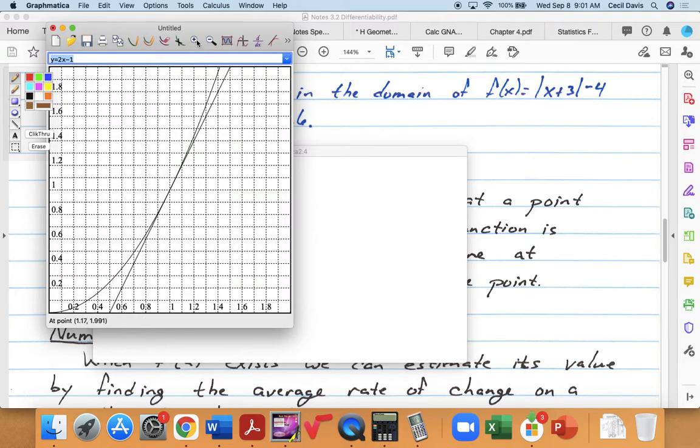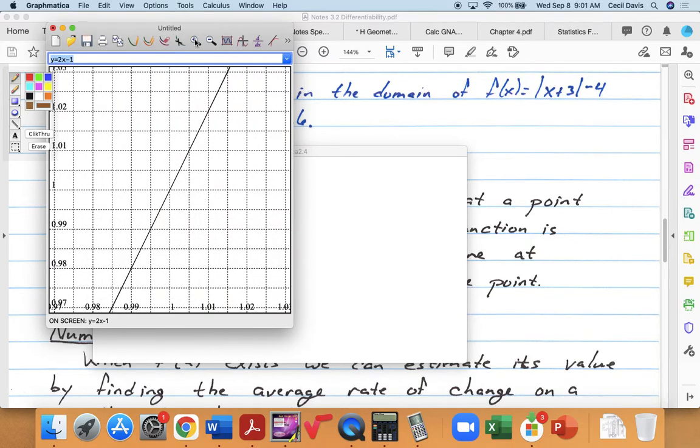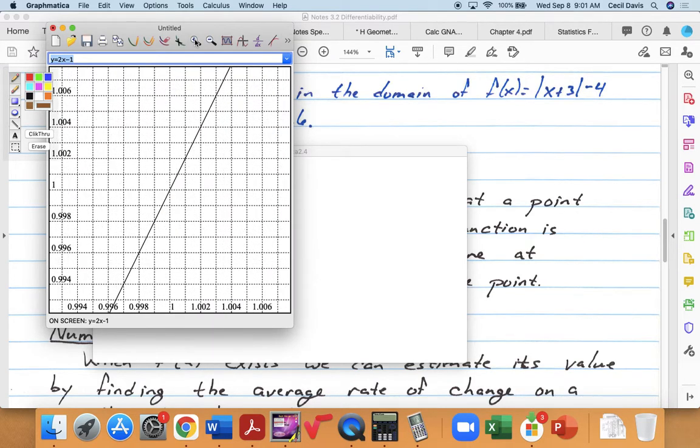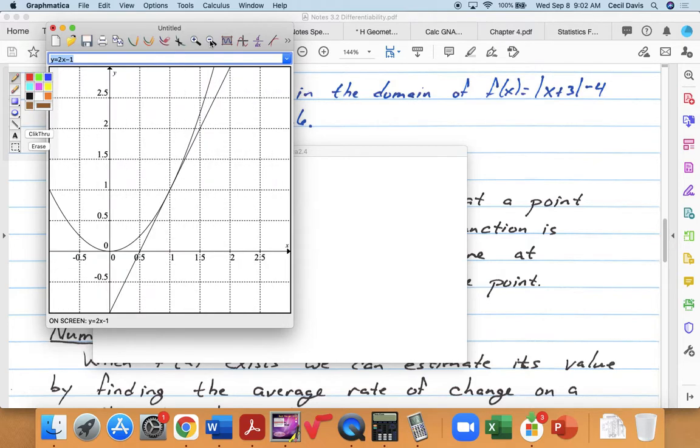And now that I have that centered, if I zoom in on it, can you even see that there's 2 anymore? No, it's because the graph is locally linear. If you get small enough, it looks like a line.